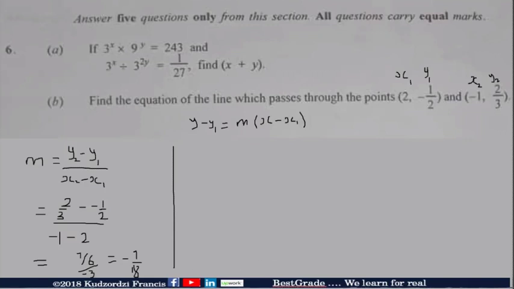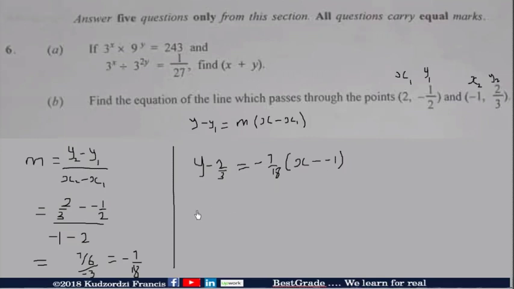So we get y minus y1, that is y minus 2 over 3 is equal to m, which is negative 7 over 18, into bracket x minus negative 1.